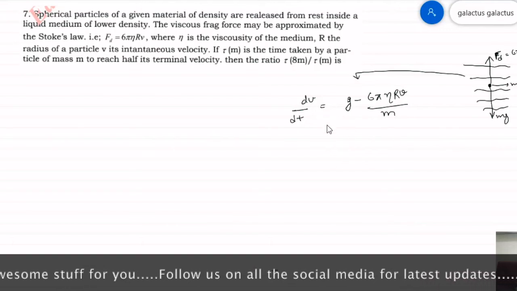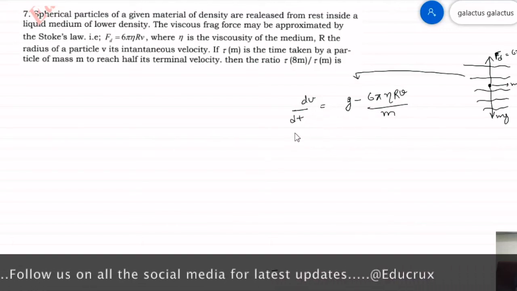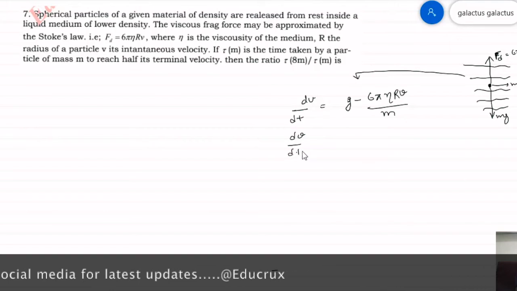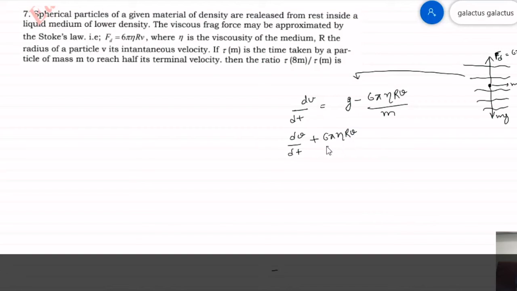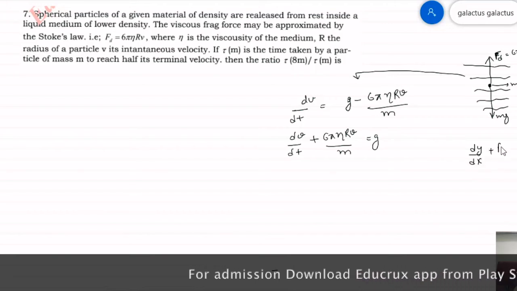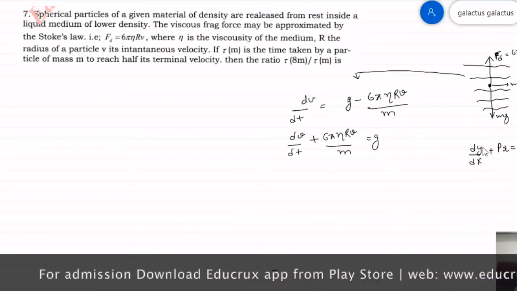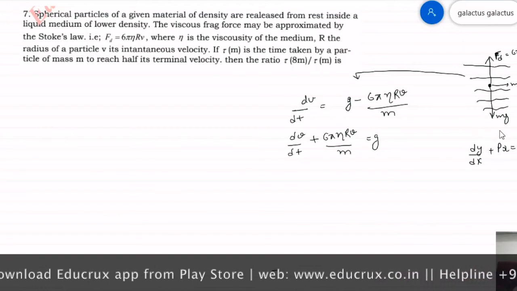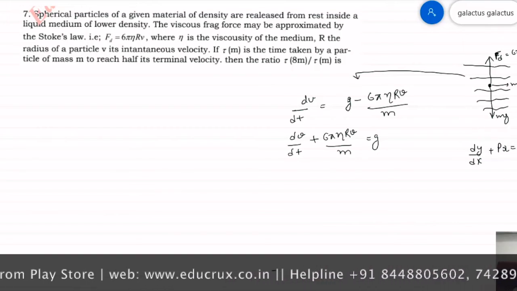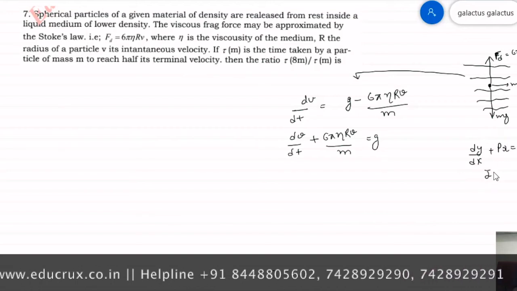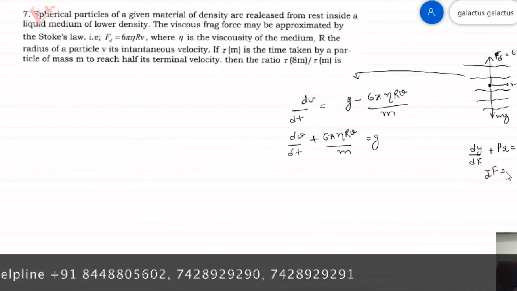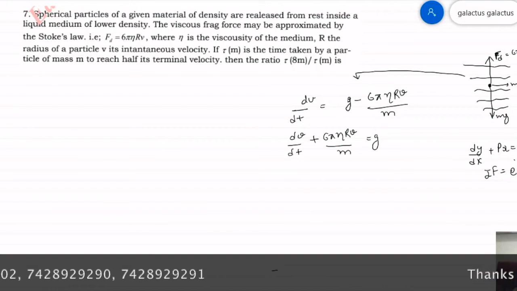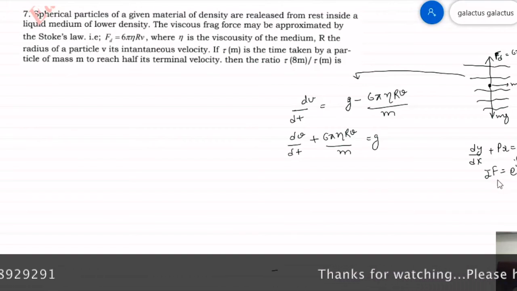If I divide by m on both sides, the equation simplifies to this. The form of this equation can be changed to dv by dt plus 6 pi eta r v by m is equal to g. So this equation is of the form dy by dx plus Py equals Q. If I want to solve a first order differential equation of this kind, I have to first evaluate the integrating factor of the equation, which is given by e to the power integral of P dx.